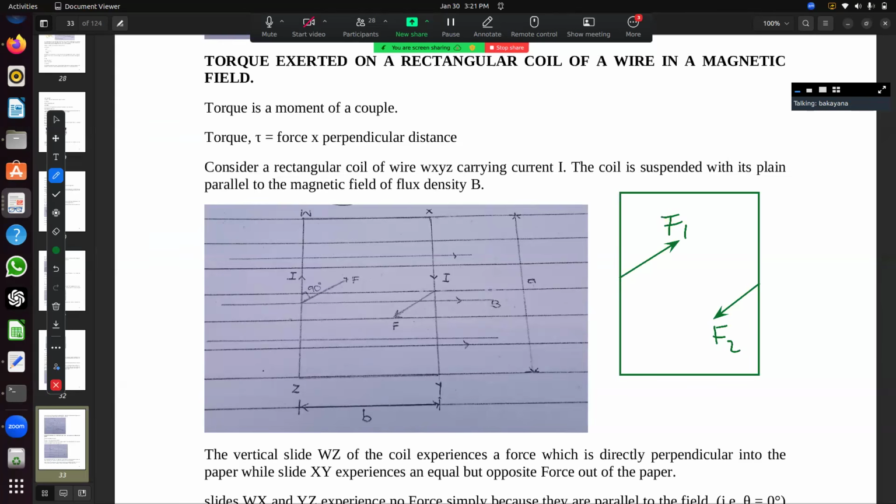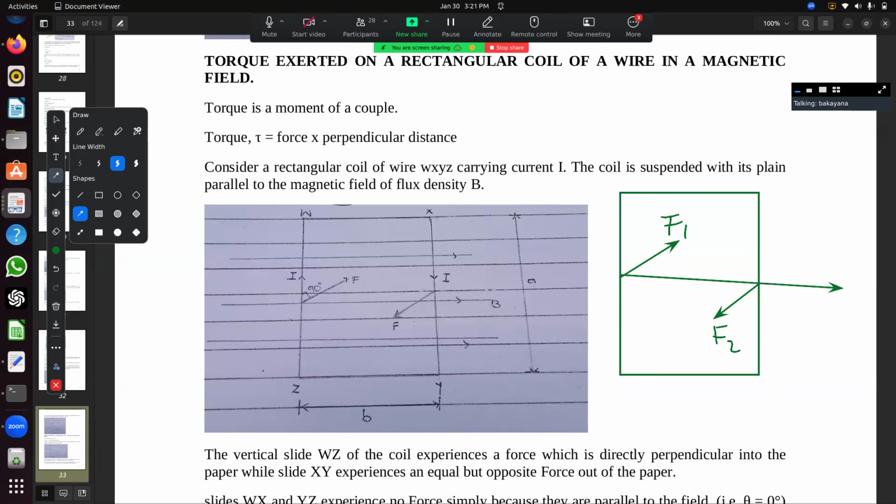That makes it rotate, assuming that these forces act in such a way that, if this is the direction of the magnetic field, each force is at 90 degrees with the direction of the magnetic field.